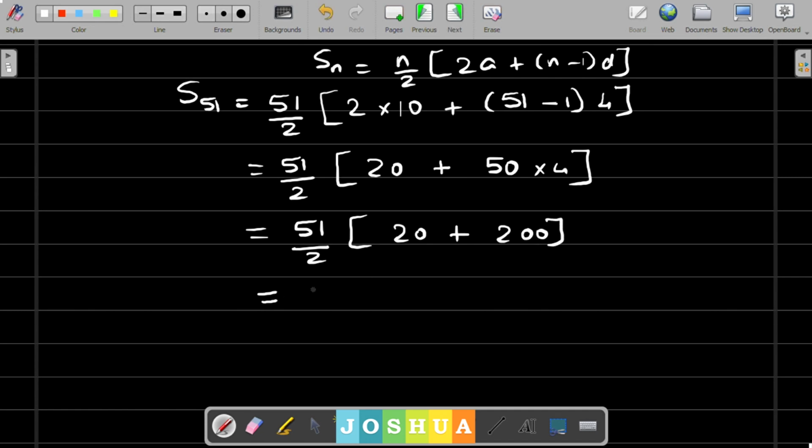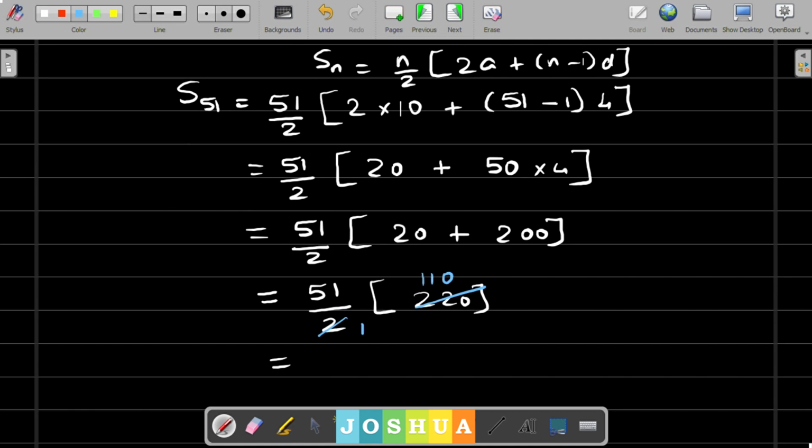Now we come to the next step. 51 upon 2 times 20 plus 200 equals 220, and we can cancel 220 with the 2 because 220 is a multiple of 2. So 1 by 2 and here 110.